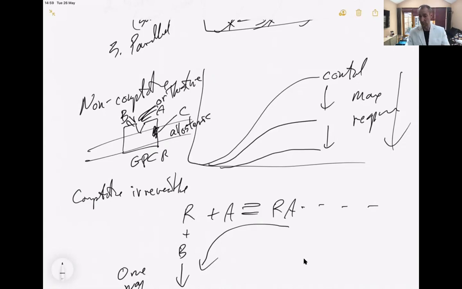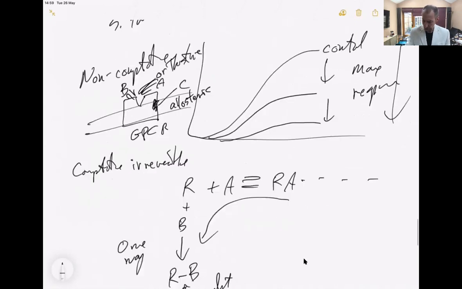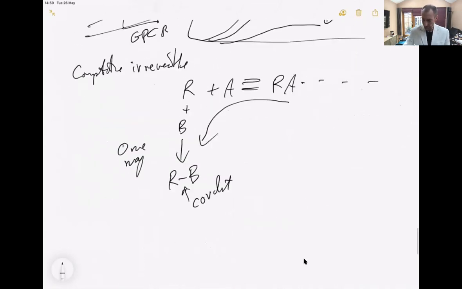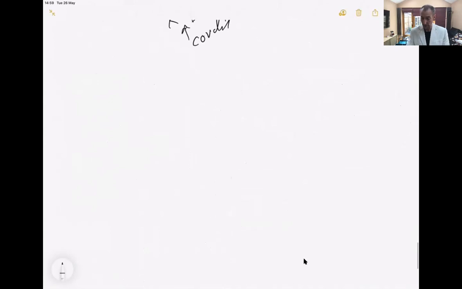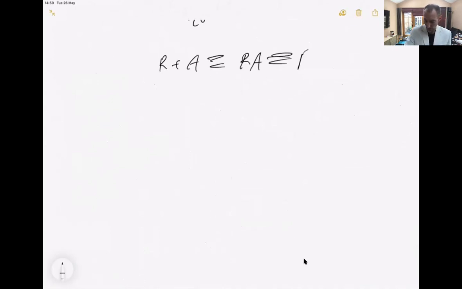And like I say, that's the future. Keep an eye on that space. In terms of, let's see, hopefully you'll have a very good feeling for R plus A goes to RA, R star A, response, plus B, RB, no response.